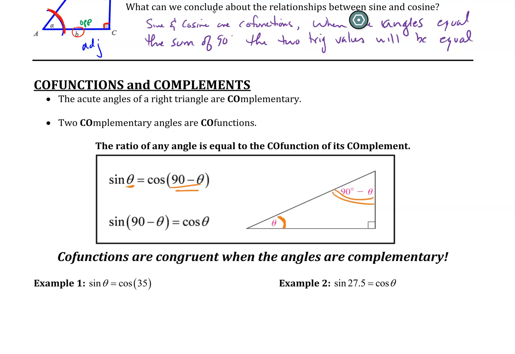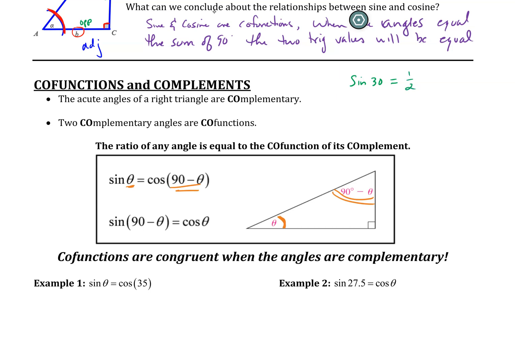So if I said to you, what is sine of, let's say, 30 degrees? If you took your calculator and typed in sine of 30, or if you use your reference table, you'll know that this equals 1/2.